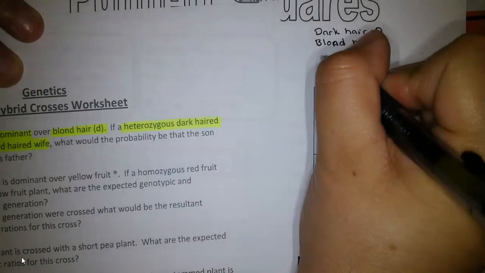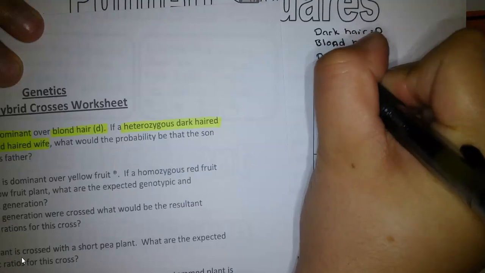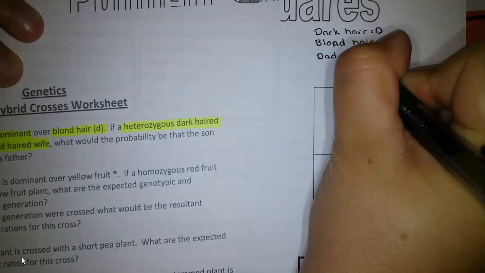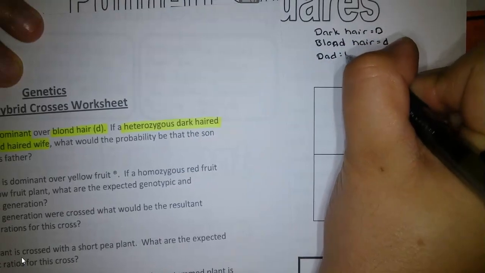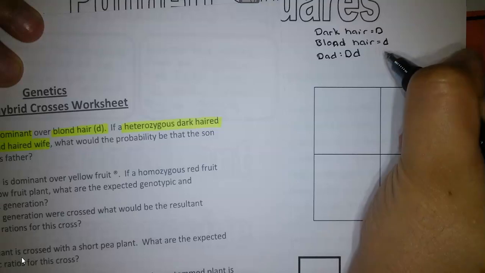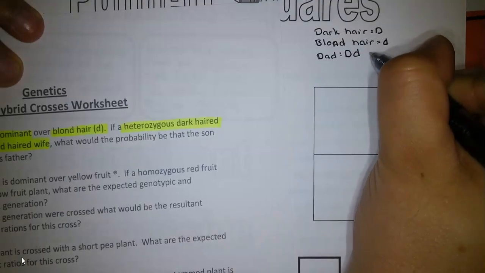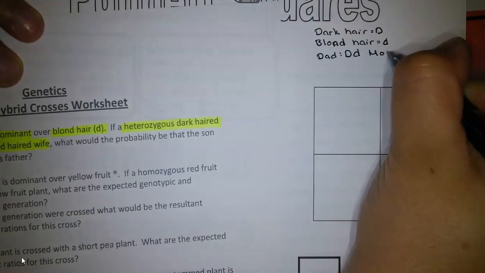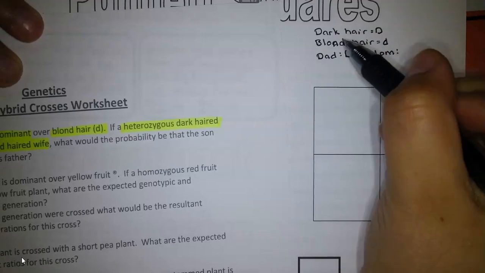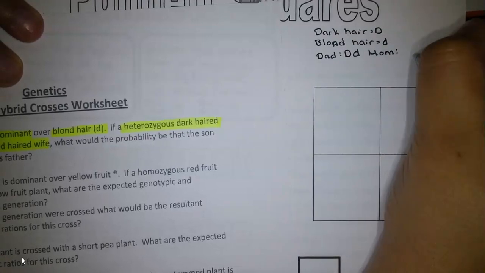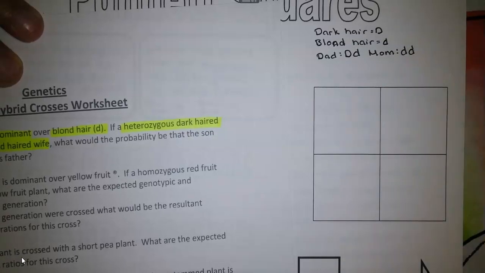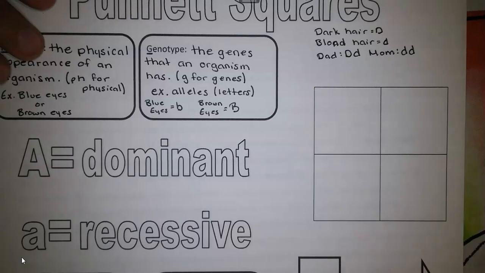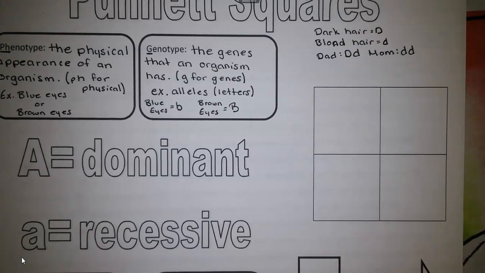So I'm going to put dad is heterozygous, so it means that his alleles are going to be capital D, lowercase d. And it says mom is blonde. So mom, because she's blonde, she has to have both lowercase d's. Okay, so I already have the information that I need.